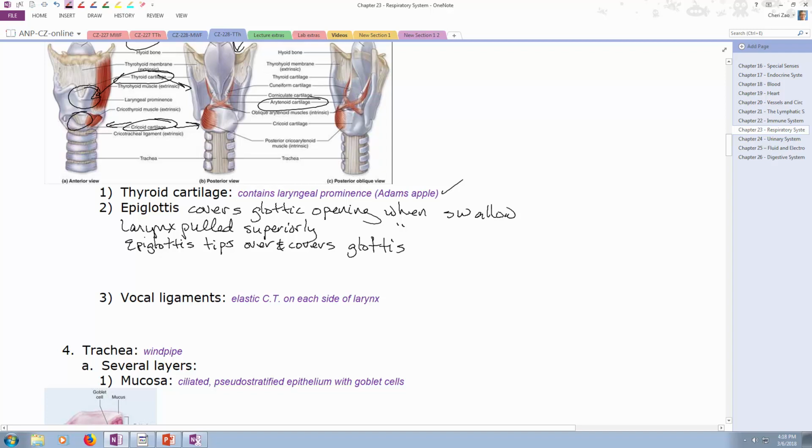So glottis is the formal name for the glottic opening. This then will divert flow into the esophagus.